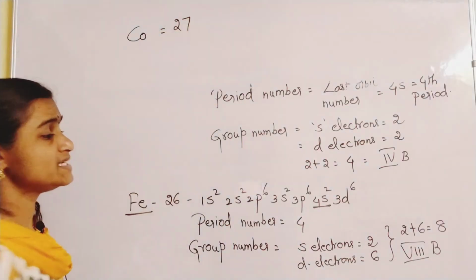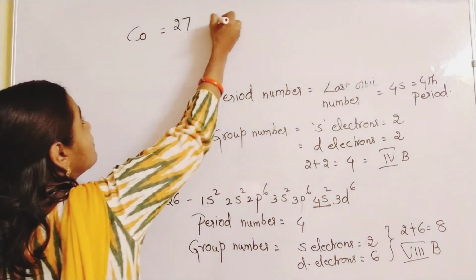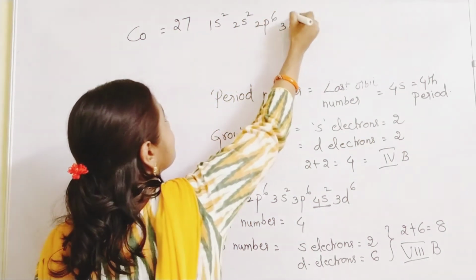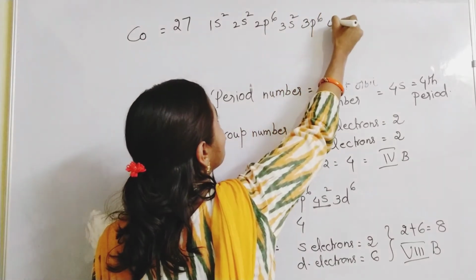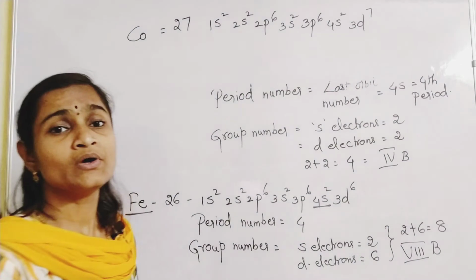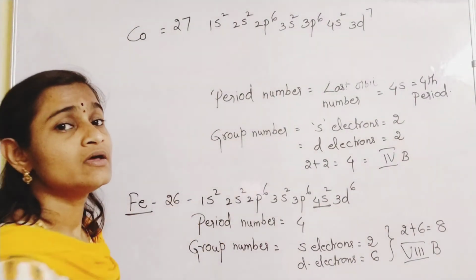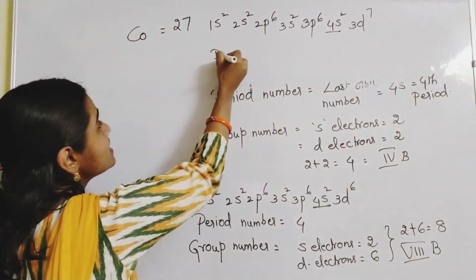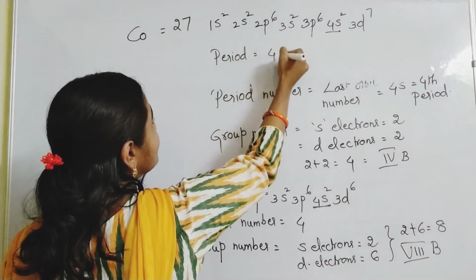The electronic configuration is 1s2, 2s2, 2p6, 3s2, 3p6, 4s2, 3d7. Here last orbit period number is as usual fourth period. Period number is 4.